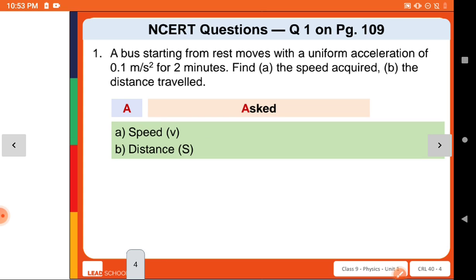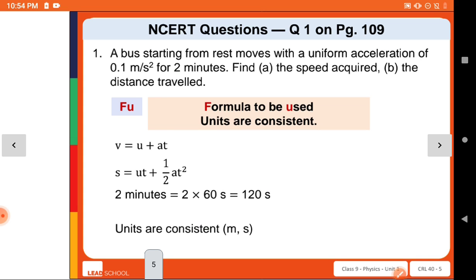First of all we convert the time, 2 minutes into seconds, that is 120 seconds, and we apply these two equations of motion. For speed, v the final velocity is equal to initial velocity 0, plus acceleration 0.1 meter per second square, times time 120 seconds.